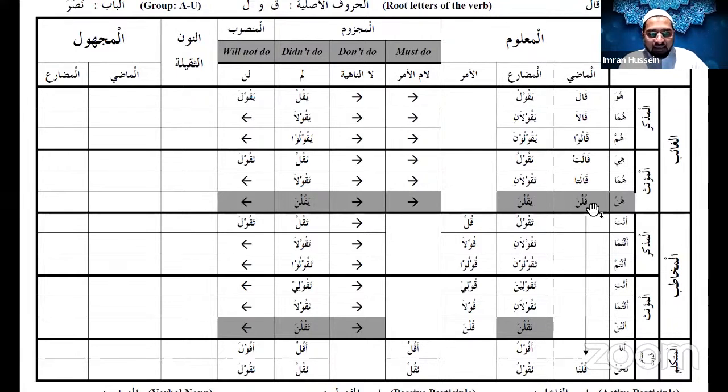Whenever there is a weak letter in the middle radical and the present tense is qala yaqulu, with a dhamma on the middle letter, remember this general formula: from the sixth form onwards in the past tense, the first letter of the past tense will get a dhamma.